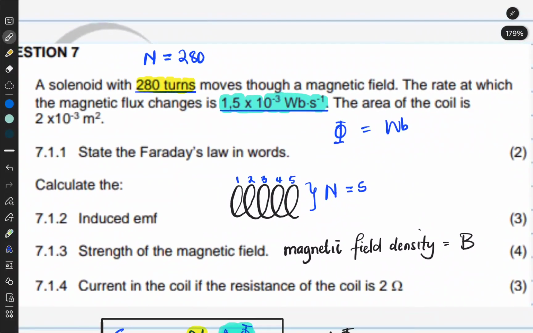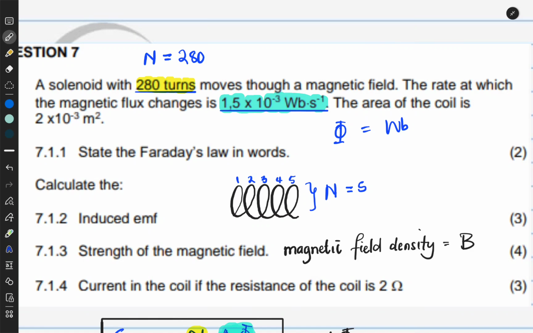First of all, we are told that a solenoid with 280 turns moves through a magnetic field. Here we are not told what happens as it moves. Was it first outside, or initially just inside the magnetic field, stationary, and then we started moving it? We are told the rate at which the magnetic flux changes, and the area of the coil.